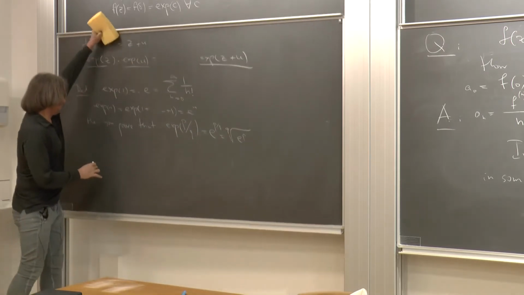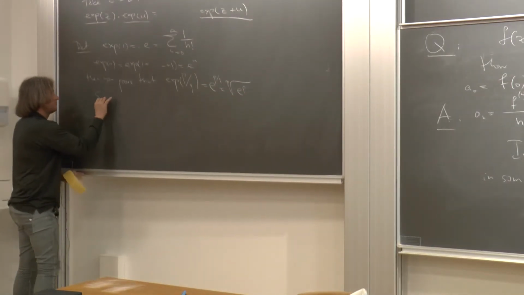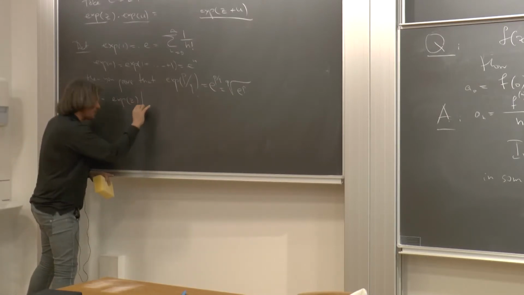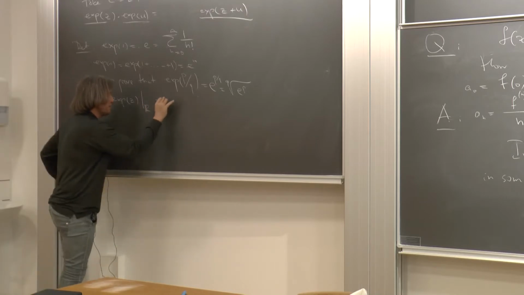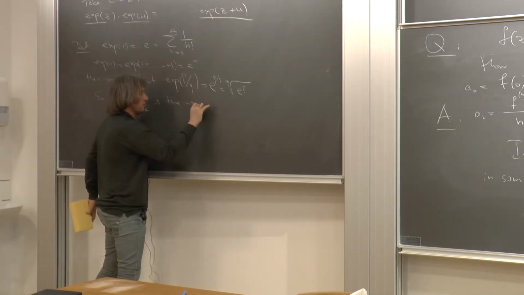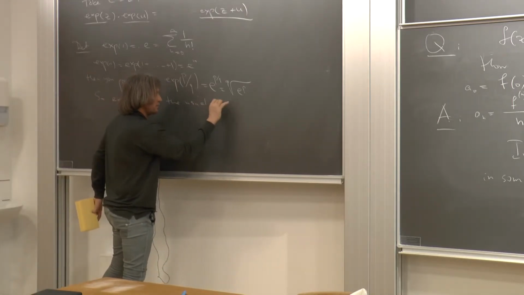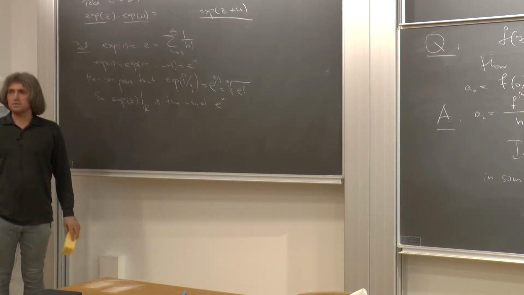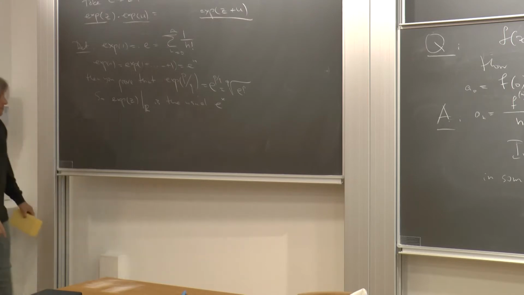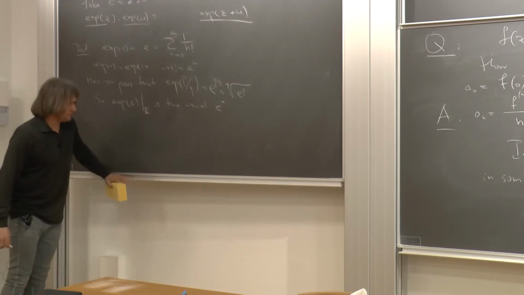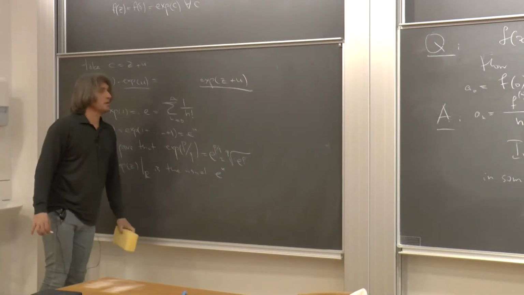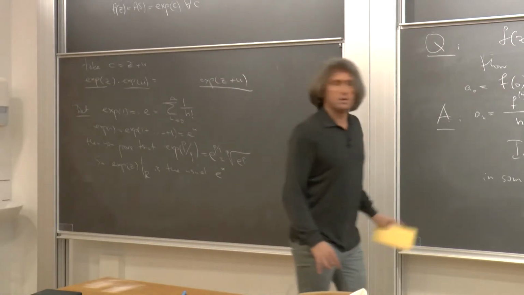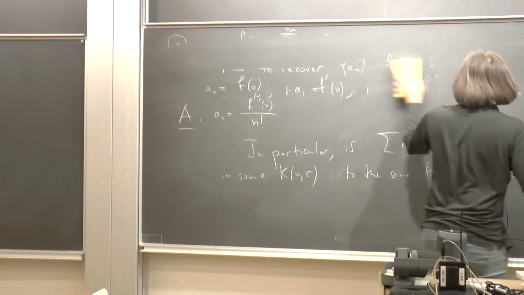So exponential function of z restricted to real numbers is the usual e to the x. I mean, you check by continuity. Good. So yeah, there are things to remember about the exponential function.